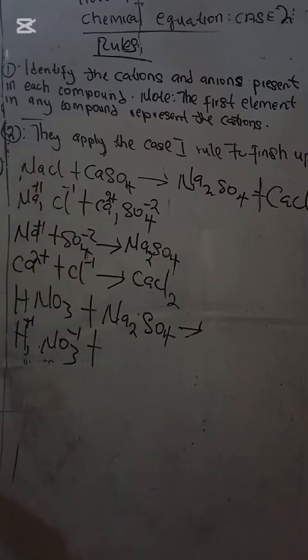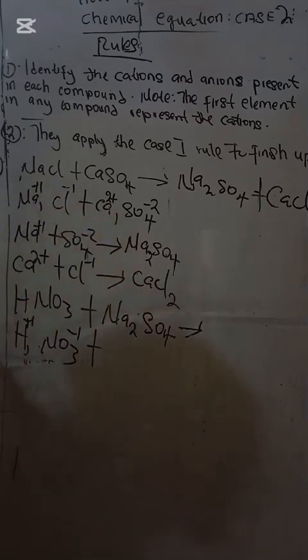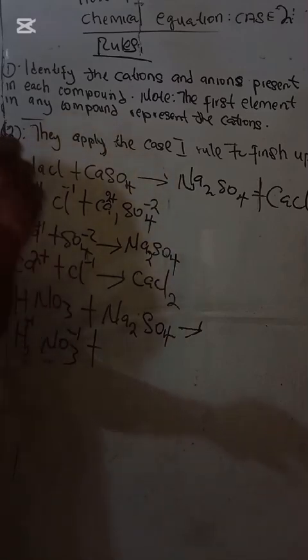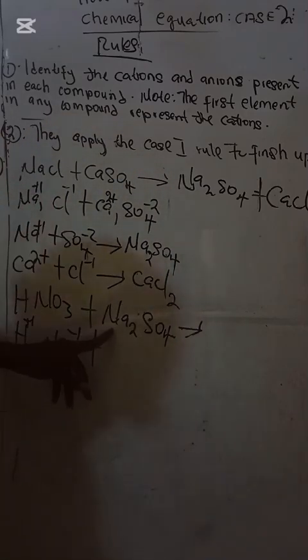Then you come over to the second compound. The second compound is sodium tetraoxosulfate 6. Alright, now the first element here is what? Na. Now, this is a common mistake that you guys might encounter. Look at this. I know that in this compound, the sodium is written as Na2, right?